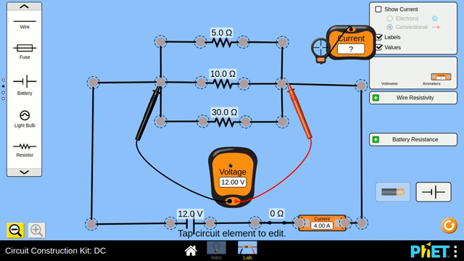Using this information, we can calculate the resistance of the system of resistors that are connected in parallel using the Ohm's law. Let us see how this is done.